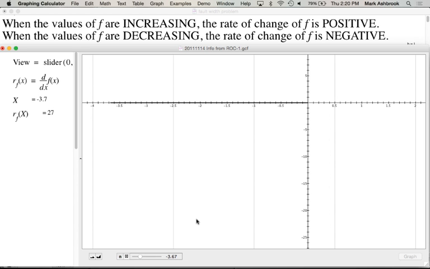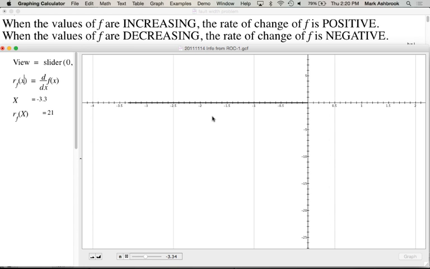Imagine those are lowercase x's. So what's the value of x? And what's the value of the rate of change at x? So we're thinking about x changing from -4 to -2.5 and looking at values of rate of change. And what can we conclude about the original function based on those values of rate of change?